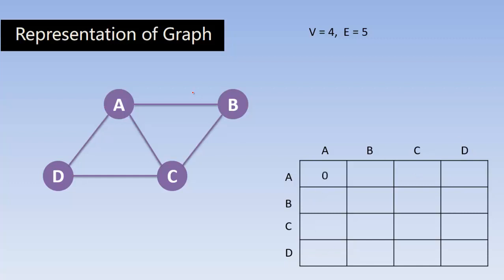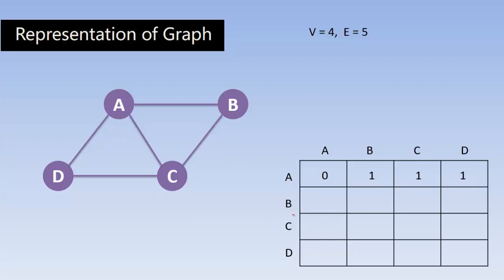What about A to B? There is an edge from A to B, so this will be represented with 1, right? Because there is a connection from A to B, I'll put 1 in the cell A to B. There is also a connection from A to C, so let us put 1 in A to C. And there is a connection between A and D, so 1 in A to D.